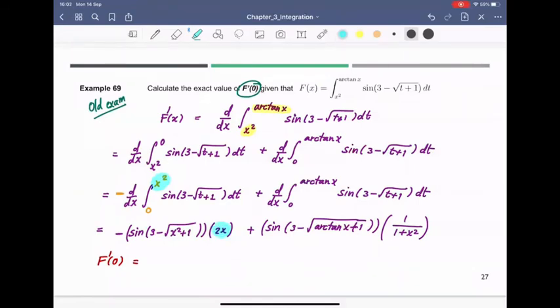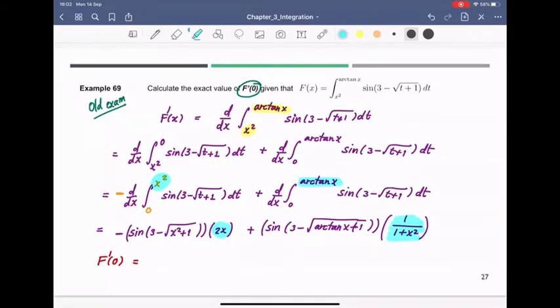You do not need to touch the sine something in the integrand. Don't touch it. And then the second term here, I have d by dx of the integral from some constant to arctan x. So I'm just going to replace arctan x into my integrand, and then I differentiate arctan x. No need to integrate sine or anything in the integrand. Make sense?